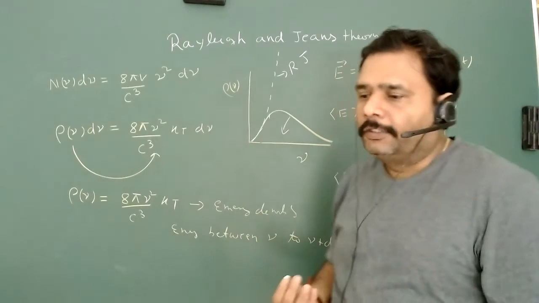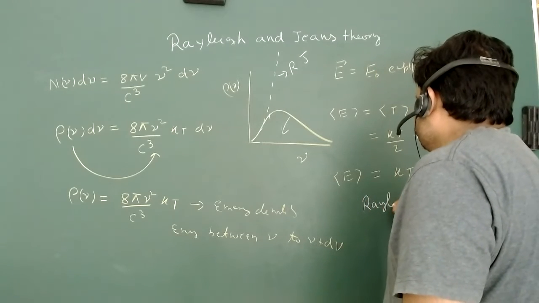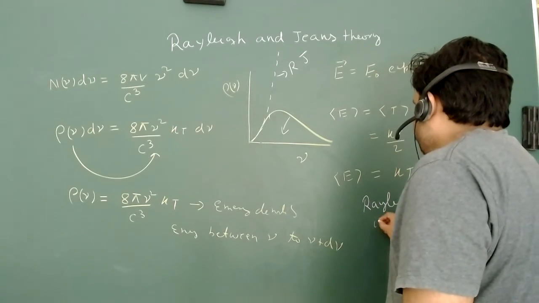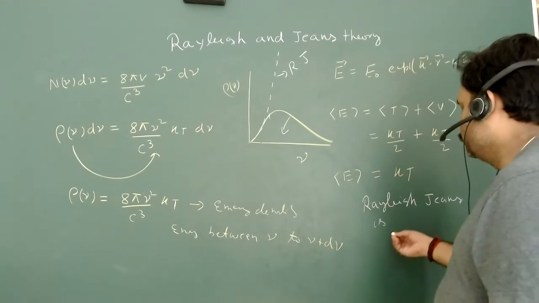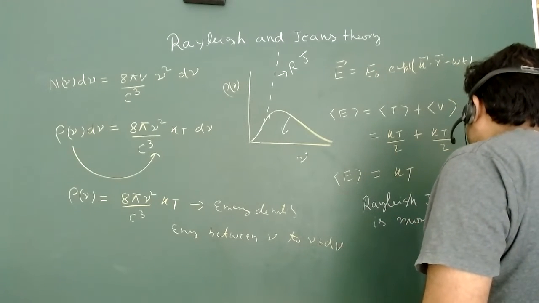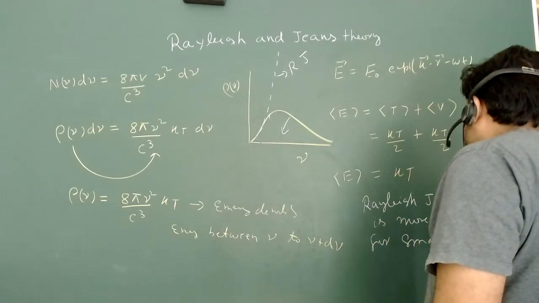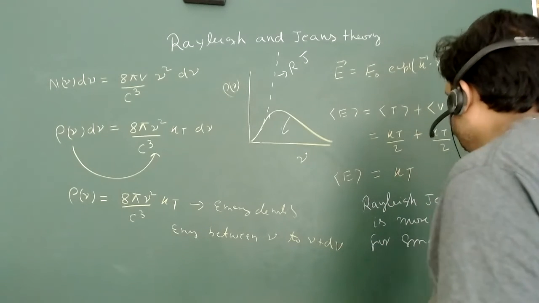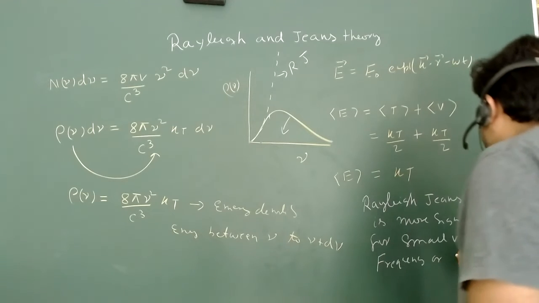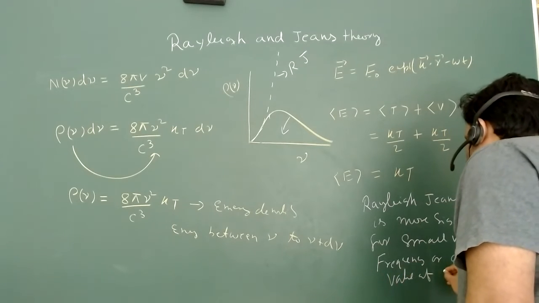So we can make a conclusion. The conclusion is that Rayleigh Jeans is effective, or more significant, for small values of frequency, or greater values of wavelength lambda.